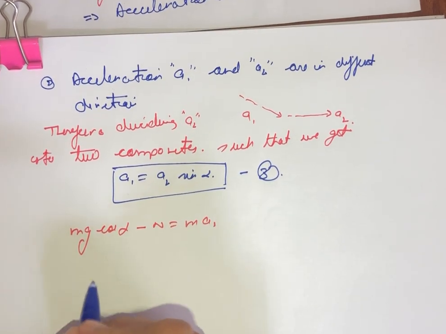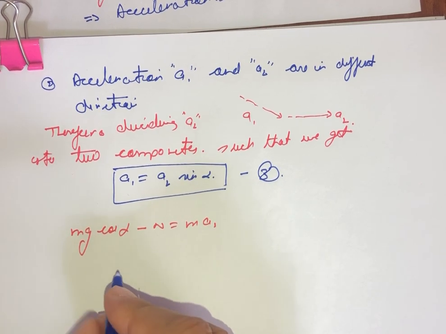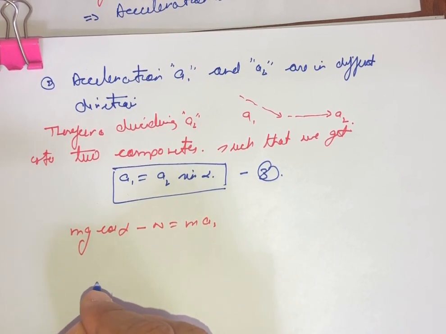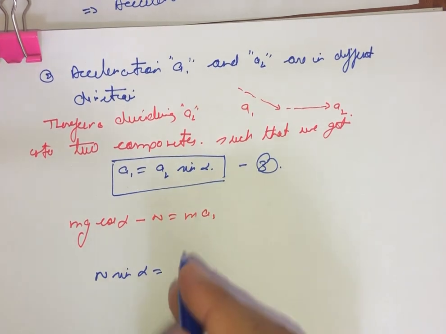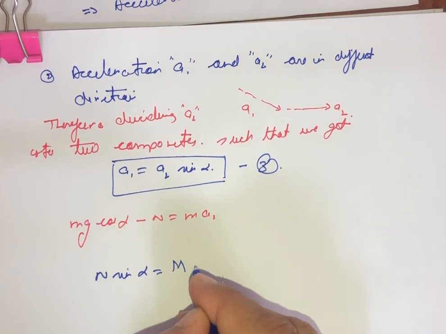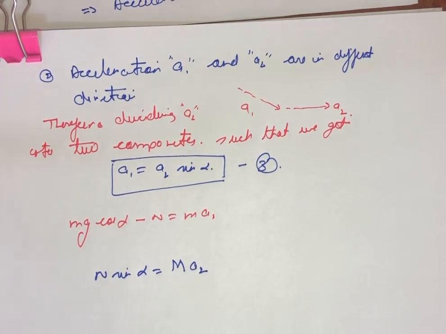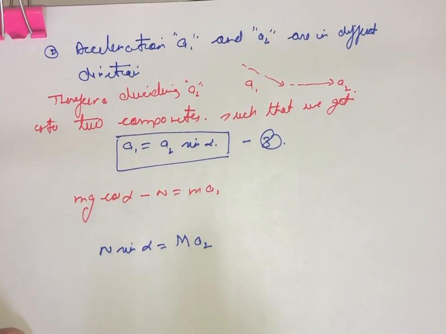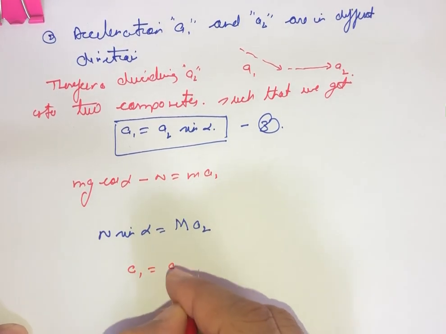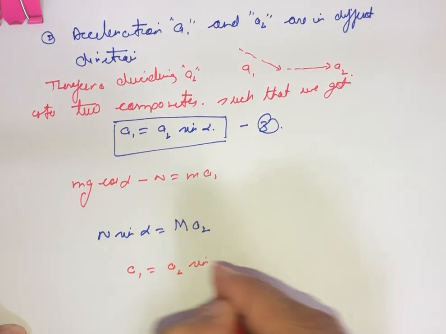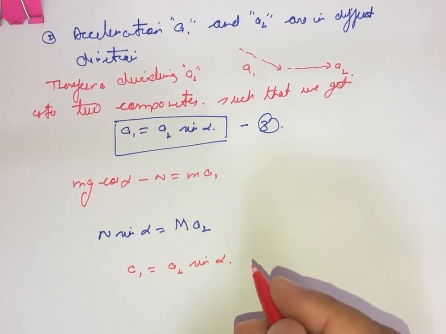Second equation, we have N sin alpha is equal to M A2, and the third equation, which we already derived, is A1 is A2 sin alpha.